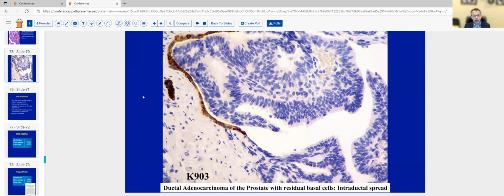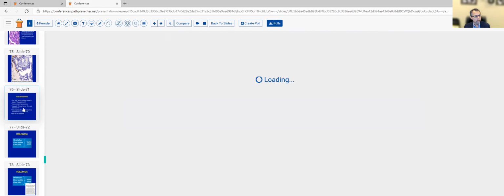I think it is very important to keep in mind that ductal adenocarcinoma spreads within pre-existing ducts. So if you do basal cell markers, you invariably will find some presence of basal cells within these ducts. That should not be confused with intraductal carcinoma or cribriform high-grade PIN. And I typically consider this as evidence of ductal adenocarcinoma.